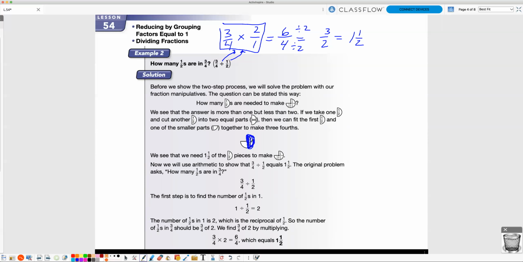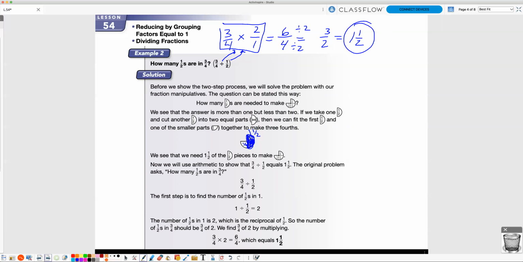This is just a half of a half. So even though we know it as 1/4, we know that it's half of a half. So it's one whole half plus that other half of a half, which actually ends up being 1.5 like we had here.